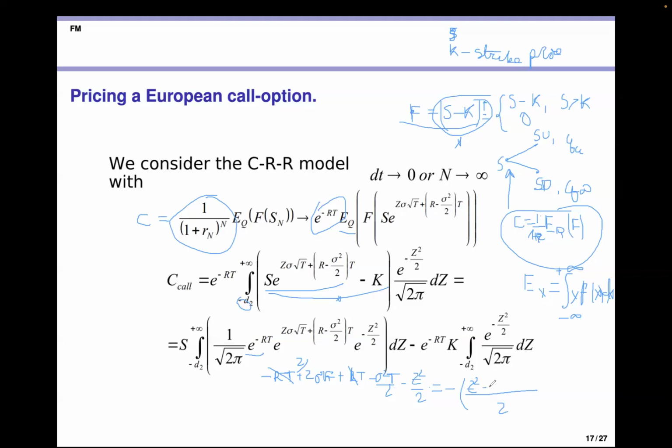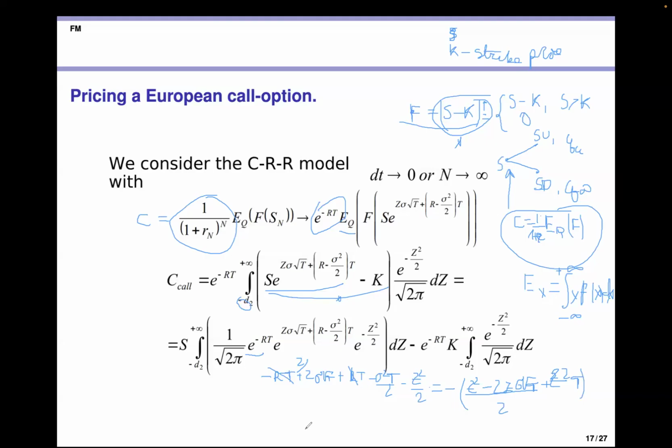After that, minus 2z sigma square root of t, and plus sigma squared t, okay, and t.